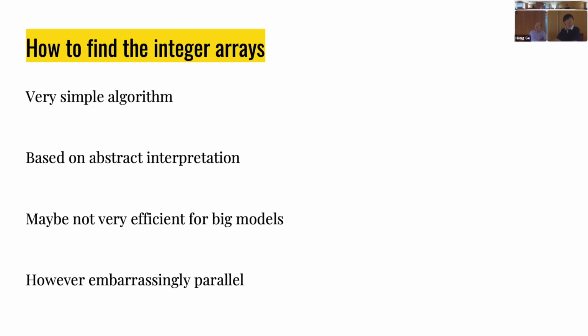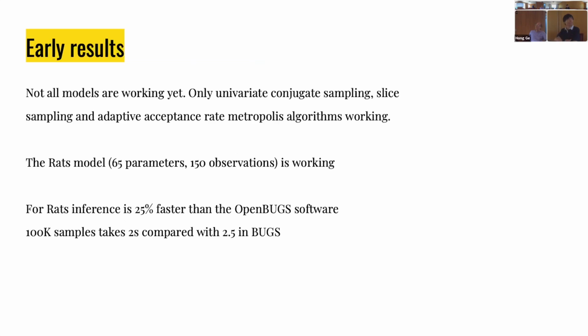Okay, next slide, please. So I have some early results. What I'm aiming for is to sort of reproduce the functionality of the BUGS software using the new representation and new computational representation. Not everything is running.